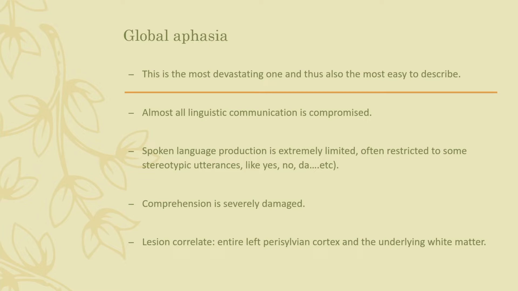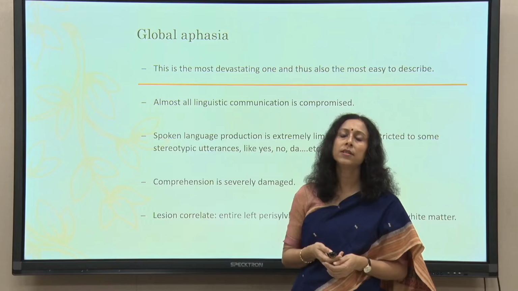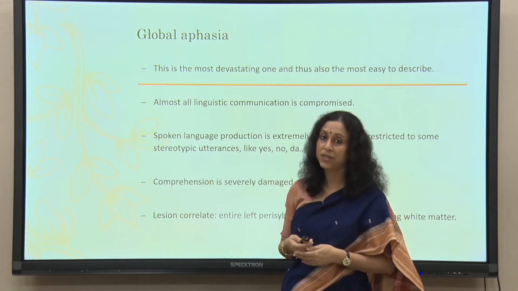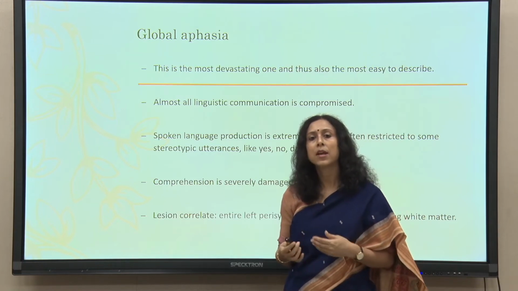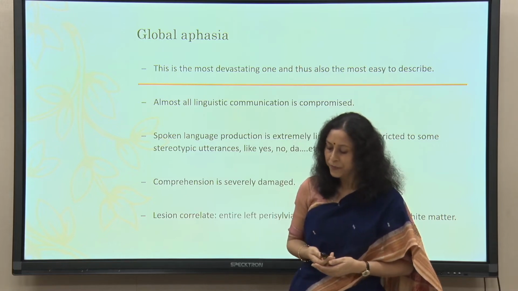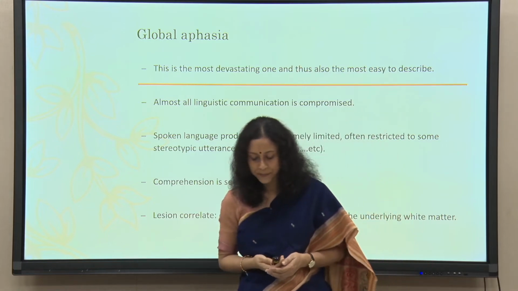Spoken language production is extremely limited, often restricted to some typical utterances like yes, no, da and so on. Because the production repertoire is so restricted, they make some prosodic changes to those same words and try to use them for various purposes.